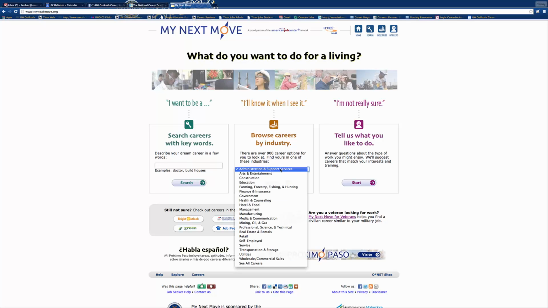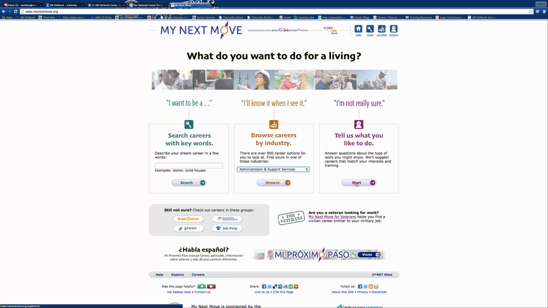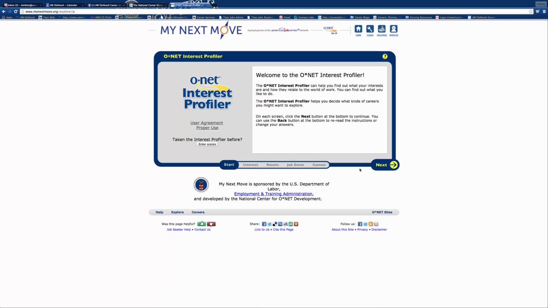You can browse by industry, or you can do tell us what you like to do. So this would be good for those exploring, and it brings you to the ONET Interest Profiler. So what you can do is then go through and take this interest profiler. There are some questions, and then at the end it gives you some results of things that you can look at.